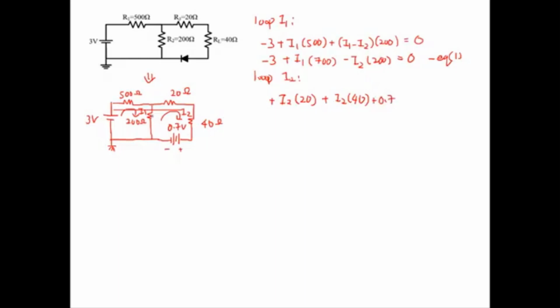And then for the 200, because we consider the clockwise, this is I2 minus I1 times 200, equal to 0.